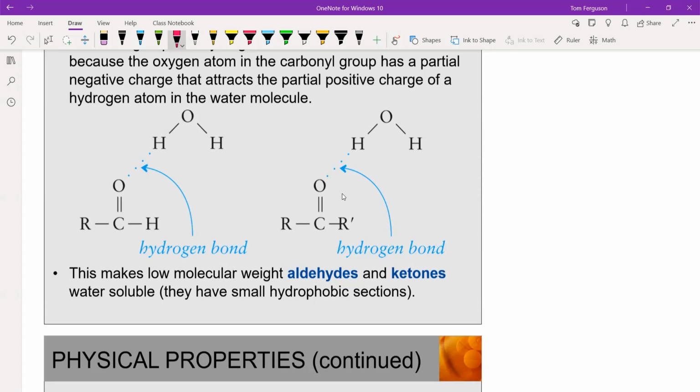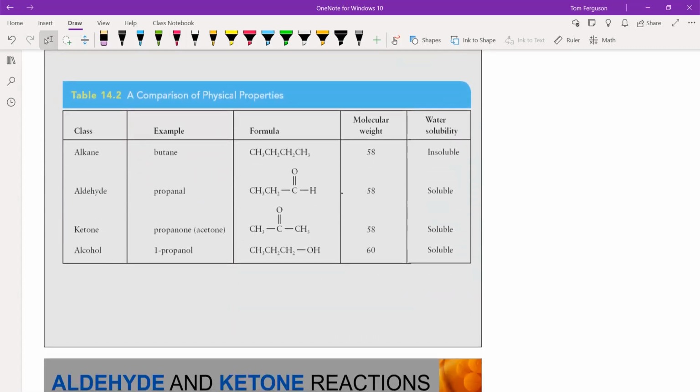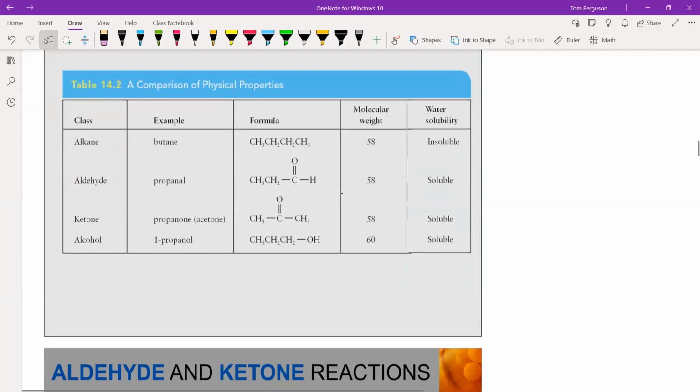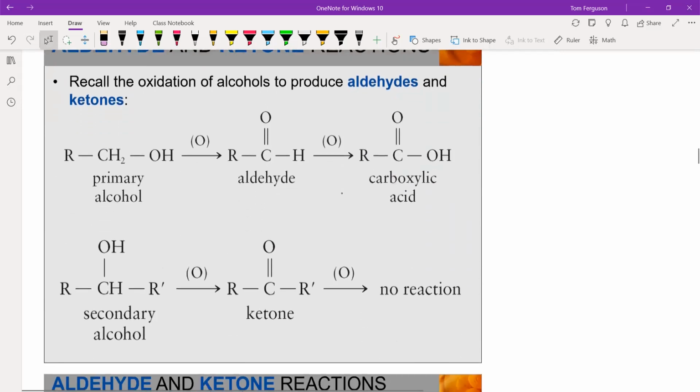Hence, that's the reason why it can hydrogen bond with water and hence have a higher boiling point. The more polar the molecule, the more soluble it is in water.